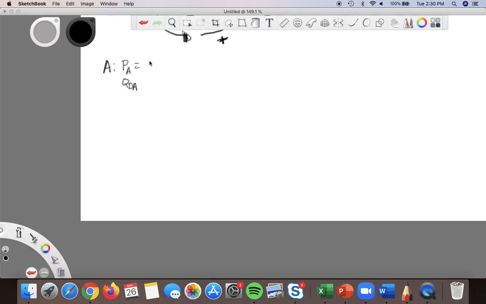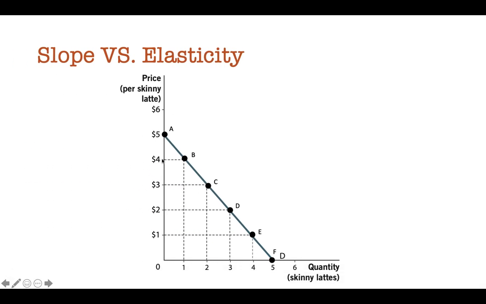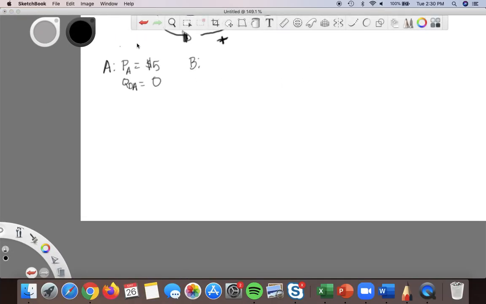So $5, quantity demanded 0. Then as I move to point B, my price is $4 and my quantity demanded is 1. So at point B, the price is now $4 and my quantity demanded at point B is 1.